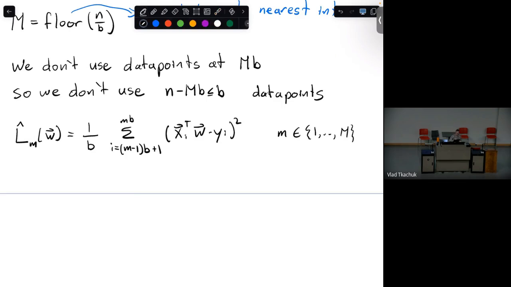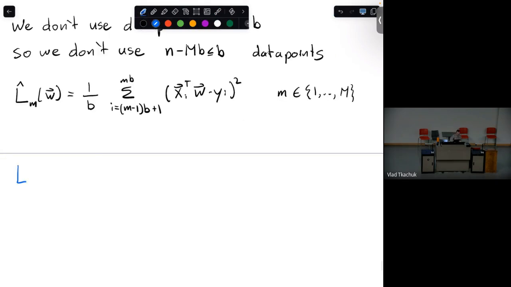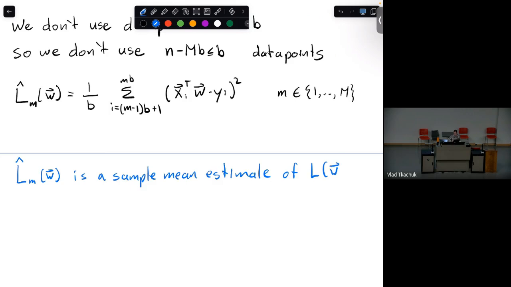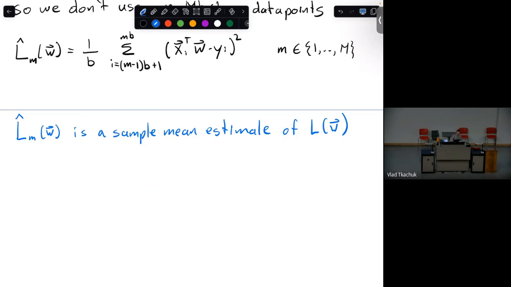Okay, I'll tell you some implications of this. First of all, one thing is that this is a sample mean estimate of L of W, just like the original one was also a sample mean estimate, but with B data points.